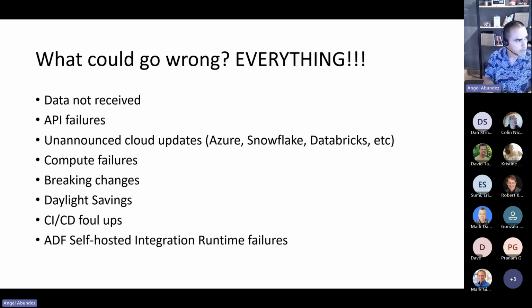But with compute, you are depending on systems of virtual machines out there in the cloud that are working together, and depending on the size of the compute you're using, or the languages you might be using for transformations, could be Python, could be Scala, could be whatever, compute can and will fail.